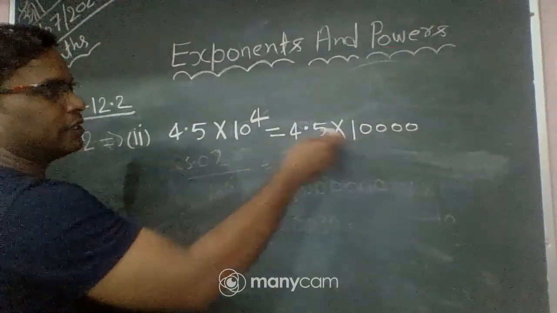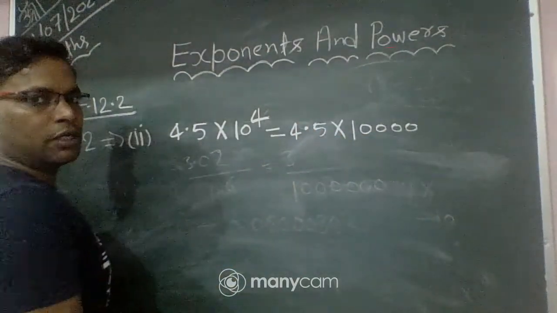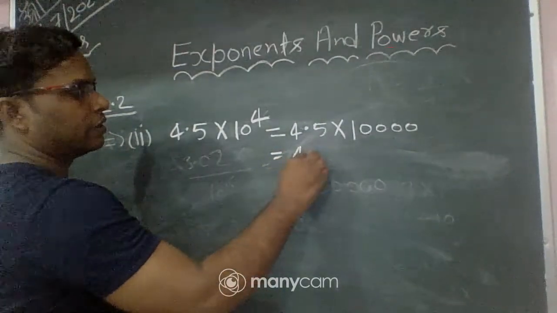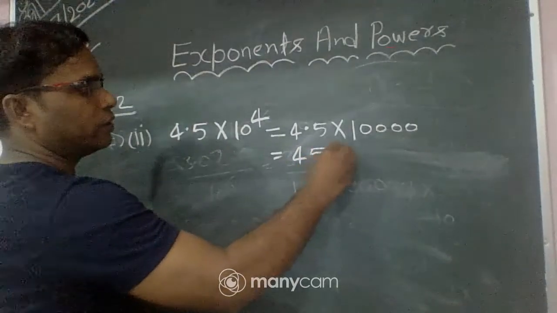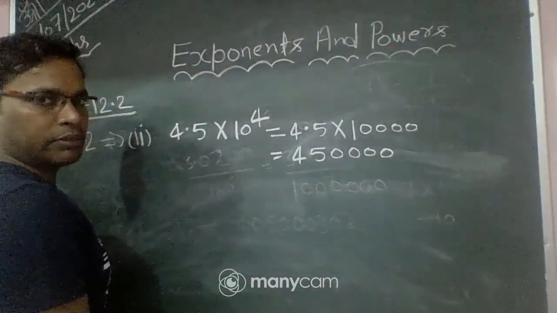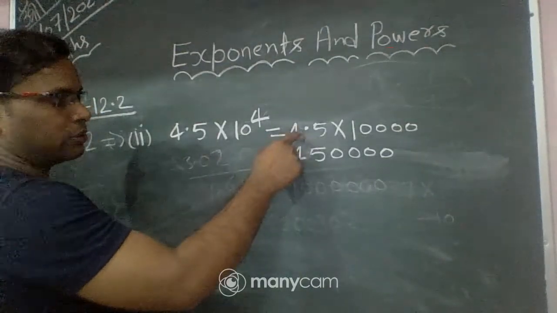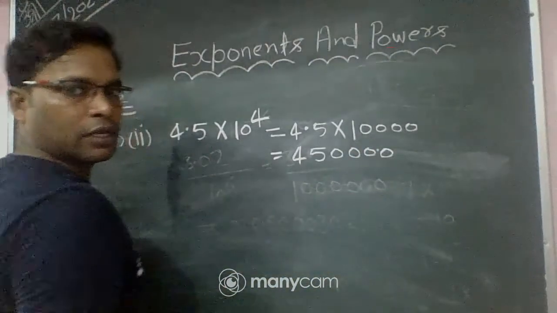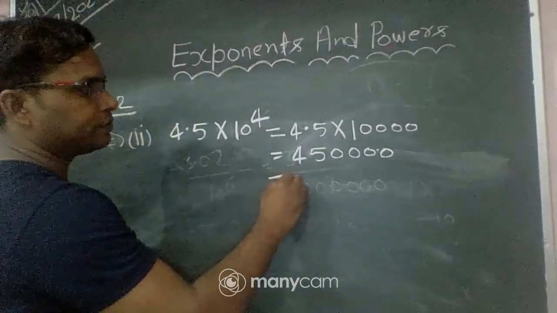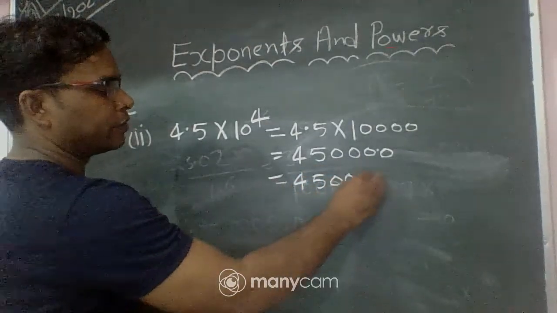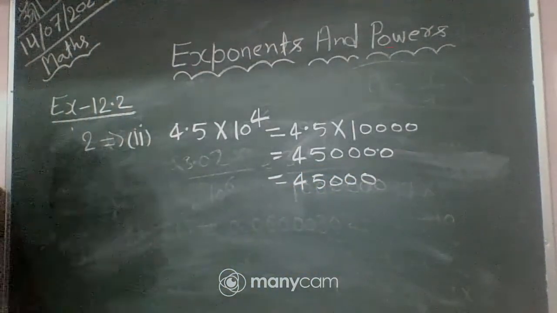If you multiply 4.5 by 10,000, then you obtain 45,000. The decimal is after one digit, so after moving it, you can write it as 45,000. Clear?